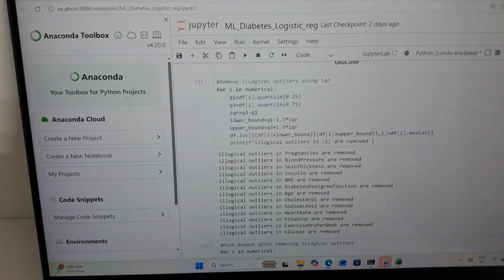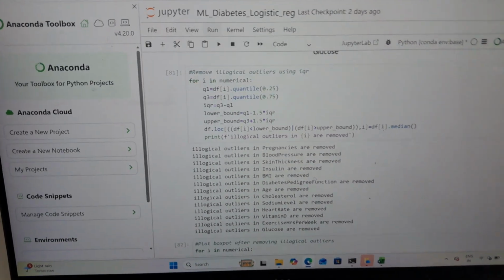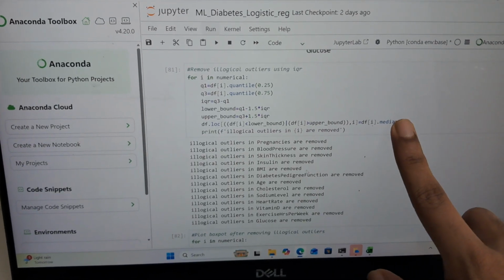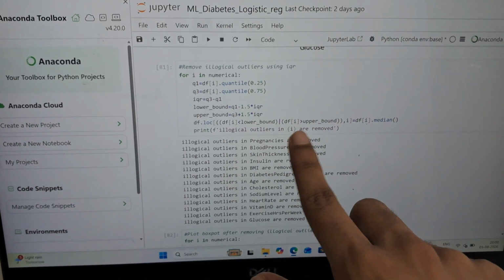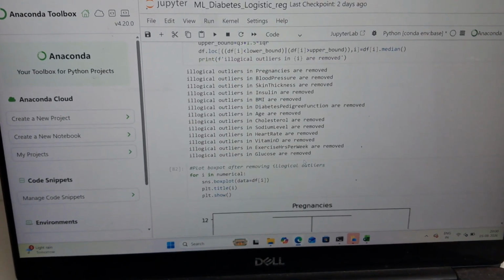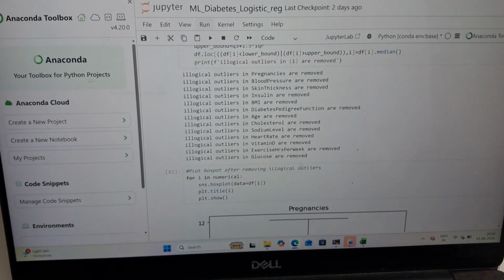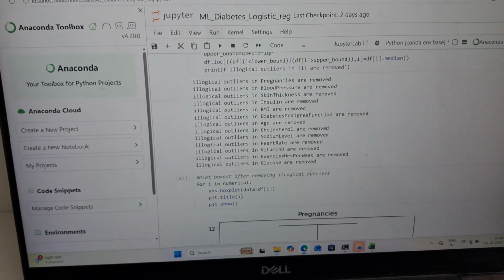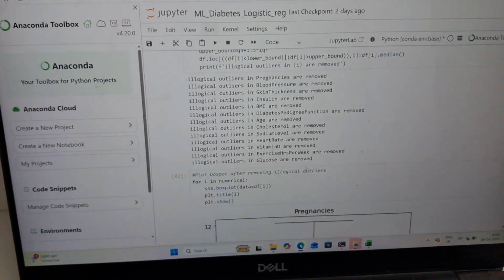I filled the value with mean or median. So here also I'll fill the value with the median, especially median. Okay. So illogical outliers in pregnancy, blood pressure, skin thickness, and all, they are removed. And if you don't remove incorrect numbers, or incorrect numbers are also known as illogical outliers, then it will affect your model.